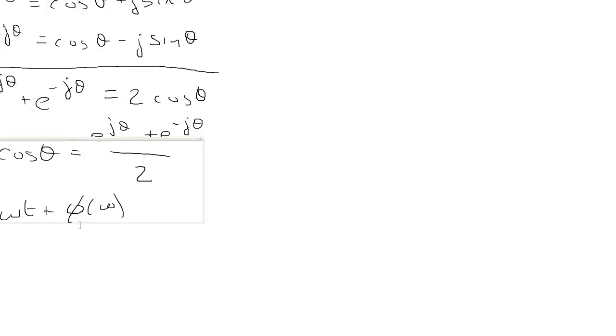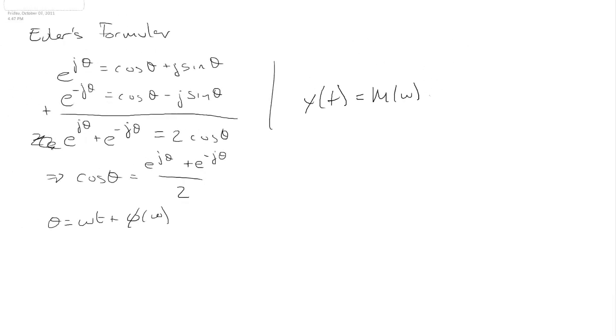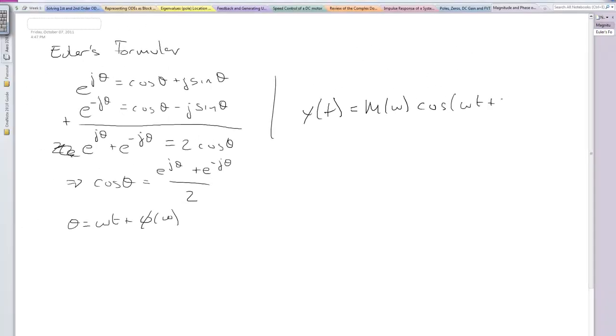So using that relationship, I now have that y of t is equal to M of omega times the cosine of omega t plus phi of omega. And notice in this case, the input u was the sum of exponentials: e to the j omega t plus e to the minus j omega t all over 2, which is just cosine of omega t.